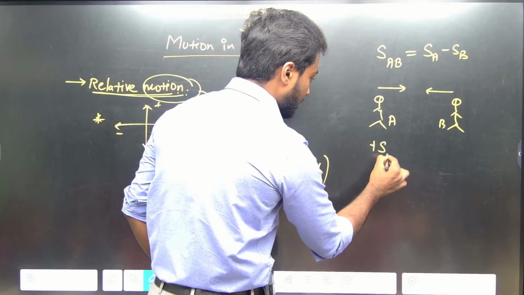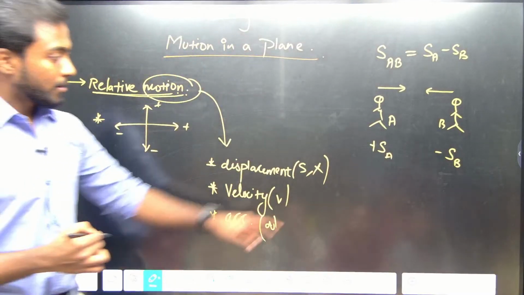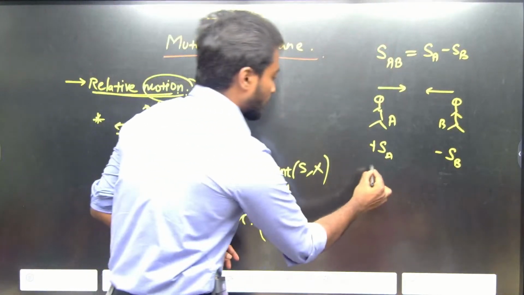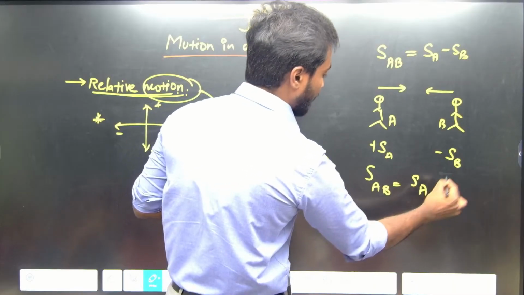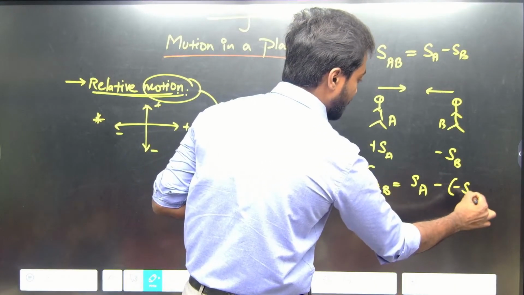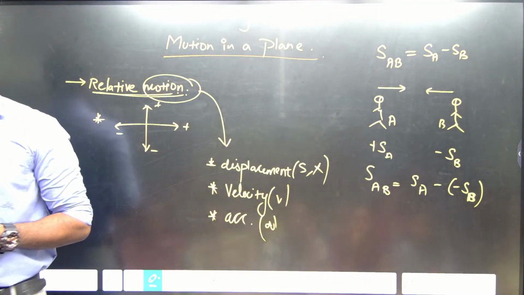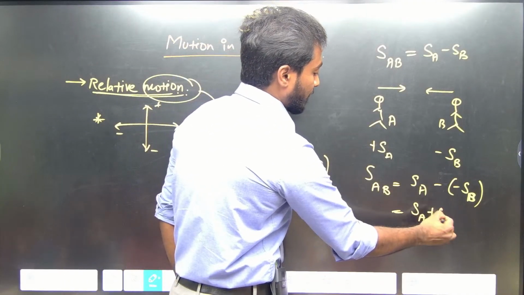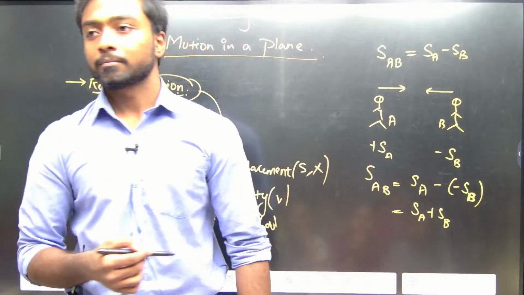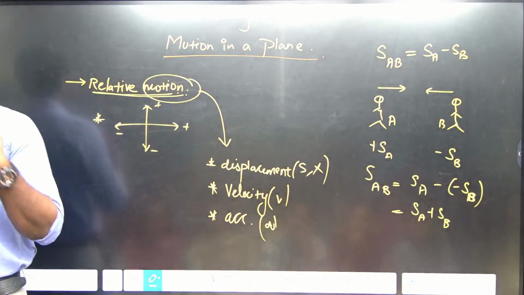So plus SA minus SB. Now substitute there. So displacement of A with respect to B will be displacement of A minus displacement of B. Getting the point? Whenever they are approaching each other, the displacements will be added.